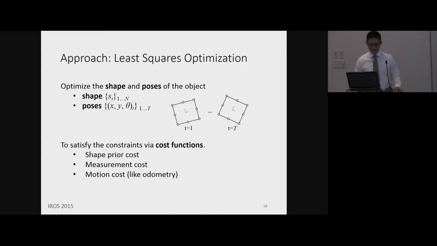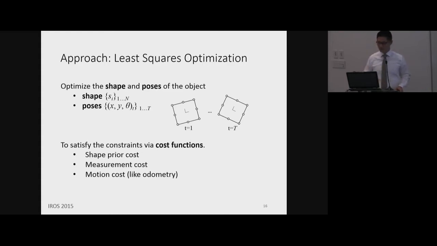We want these variables to satisfy several constraints via cost functions. The first one, shape prior cost, is like we know this object may be looking like a circle, so we impose that kind of cost. And measurement cost is like if there's a contact point happening there, it should be right on the object.